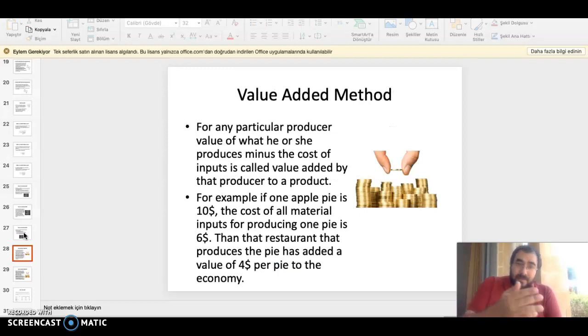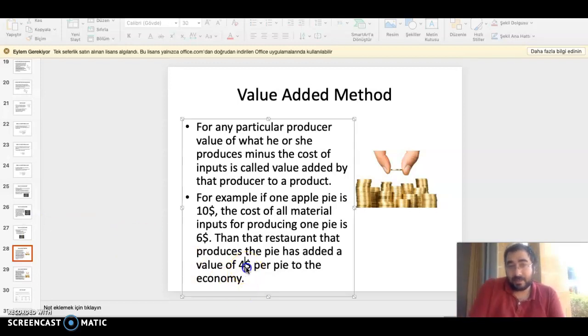So, this is basically the value added method. If you are talking about a corporation, and that corporation takes an apple that has a value of $4 and produces an apple pie with that apple that has a value of $10. I assume everything except that apple, all inputs, sugar, water, things like that, not machinery, machinery is contributing to the production, but all other inputs have a negligible value, maybe $0.05 per apple pie.